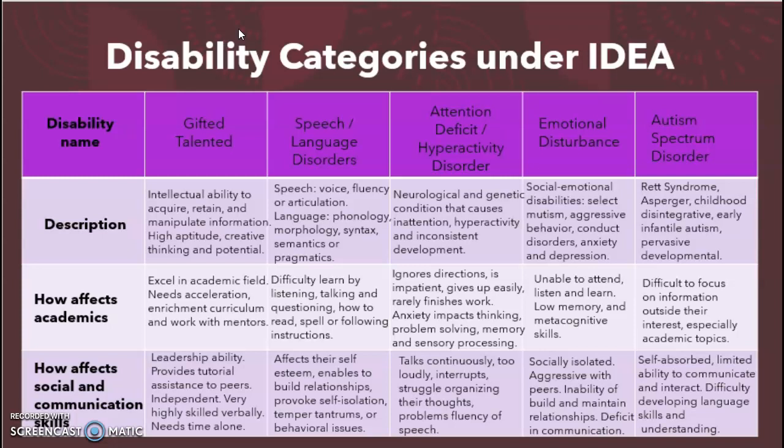IDEA is the Individuals with Disabilities Education Act, a federal education law that requires public schools to evaluate children. In that way, they will see if these kids fit in one of the 13 disability categories.